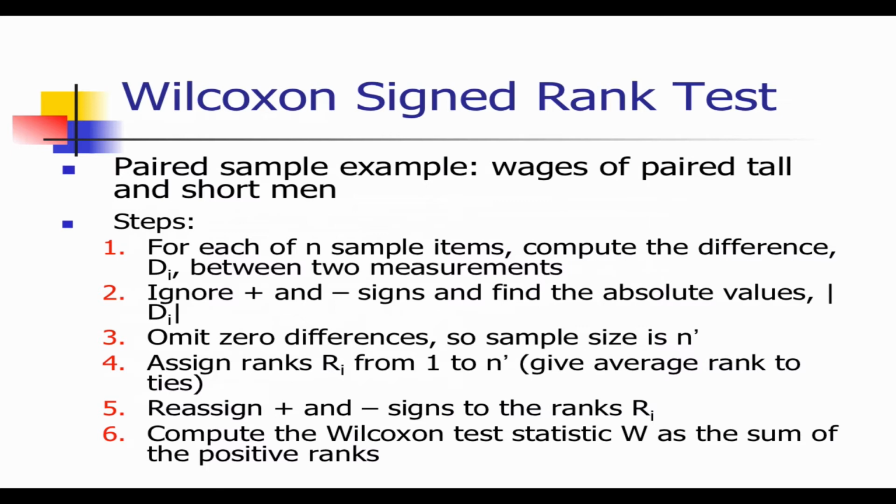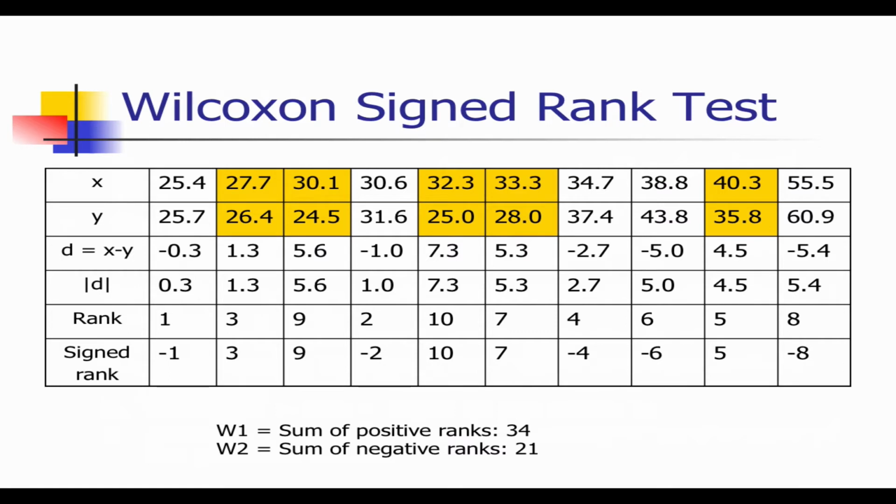And the data that we present is in this way. Suppose X right here stands for the salary of the short males in our sample. We got 10 of those. And then Y is the salary of the tall individuals.